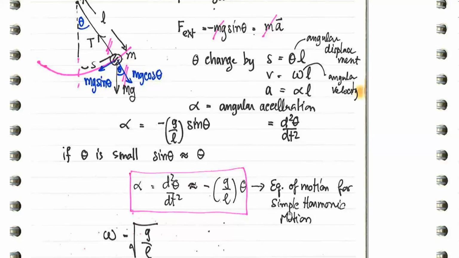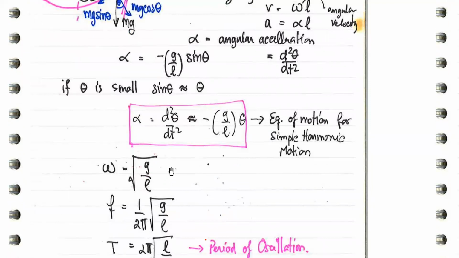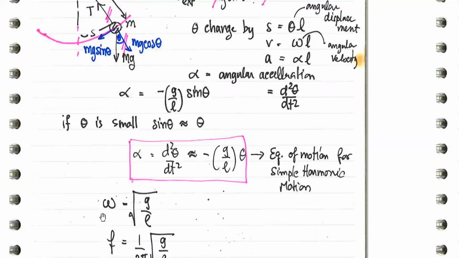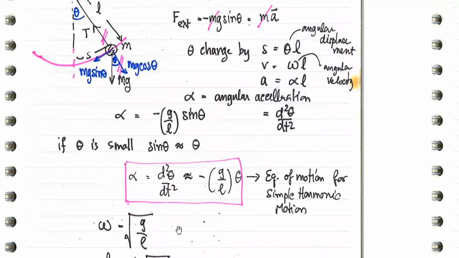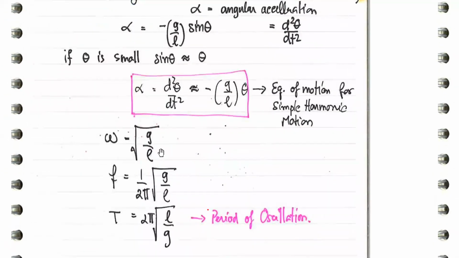This is also an equation of motion for simple harmonic motion, where, be careful, this omega and the earlier omega are not the same. This is omega of simple harmonic motion, the square root of g over L. And the frequency of swinging is 1 over 2 pi square root of g over L, and the period is 2 pi square root of L over g. This is the period of oscillation.